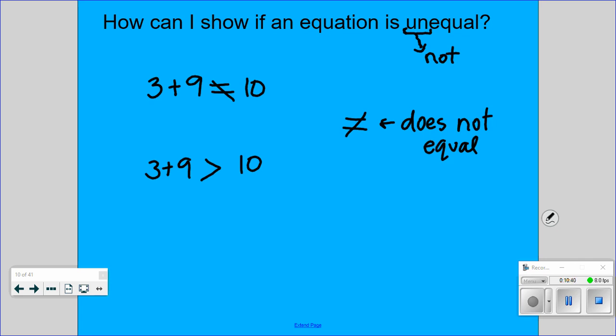It's another way to show that an equation is not equal by saying that one is greater, worth more. 3 plus 9 is worth more than 10. That's a little tricky because 3 is a smaller number than 10 and 9 is a smaller number than 10. So together it is worth more than 10.